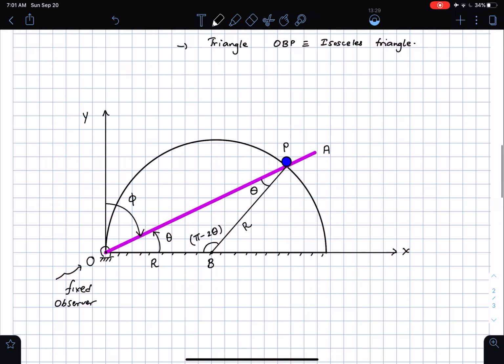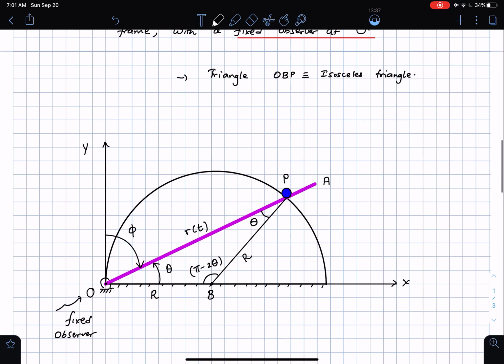Okay, I'm going to set up the polar coordinate frame. So from point O to where the point P is located is a distance r of t. Okay, so r of t is the distance from O to particle P. And then phi is also a function of time. Phi is the angle measured from the y-axis.